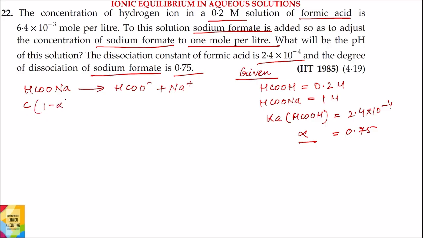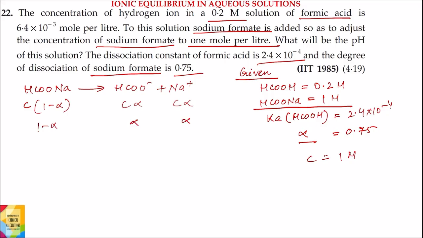Now in the question it is given that the concentration of sodium formate is 1 M. So putting C equals 1, this becomes 1 minus alpha, alpha, alpha.